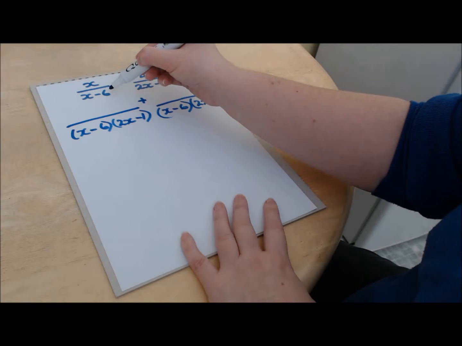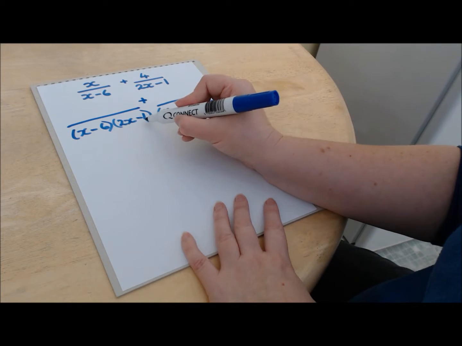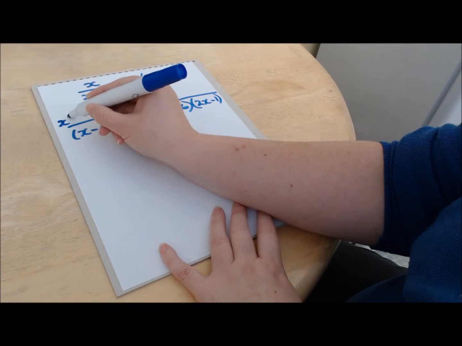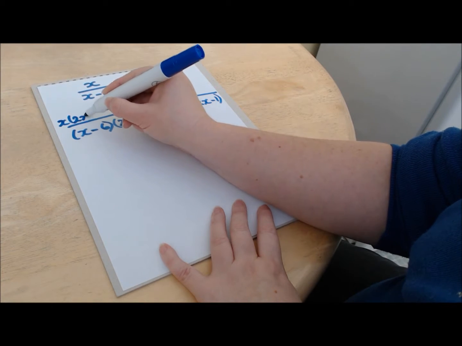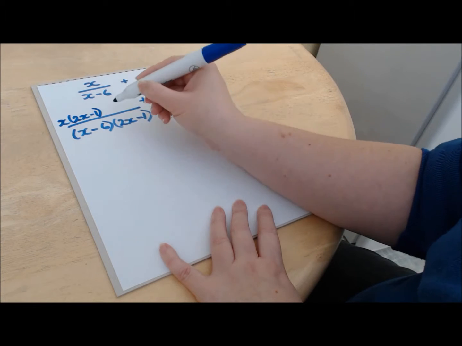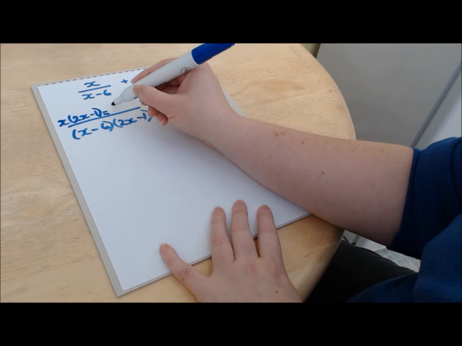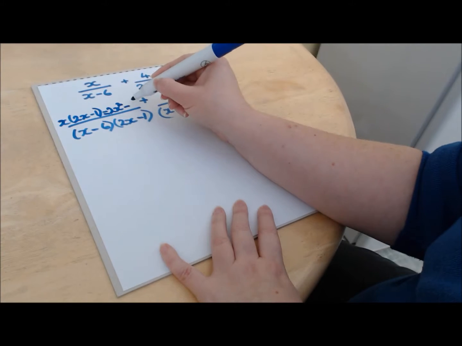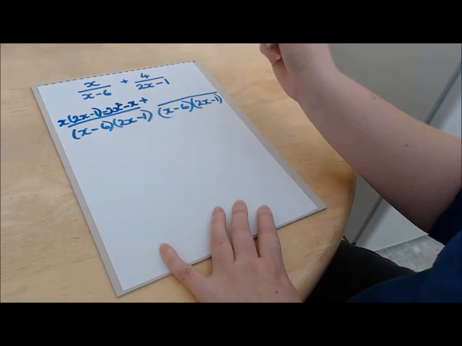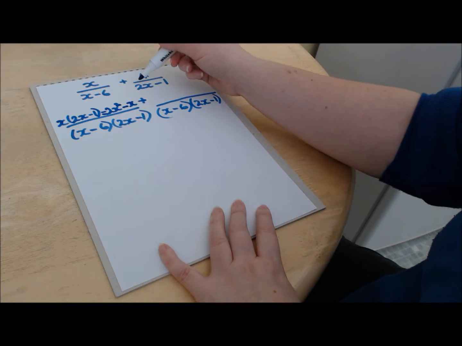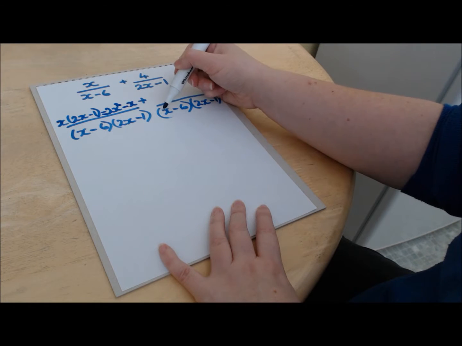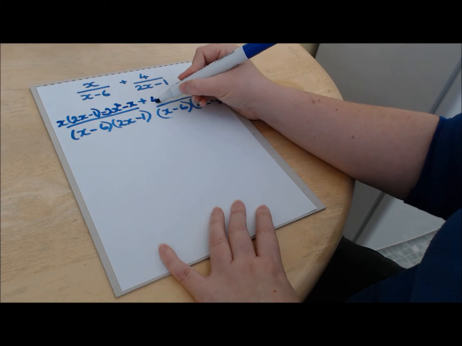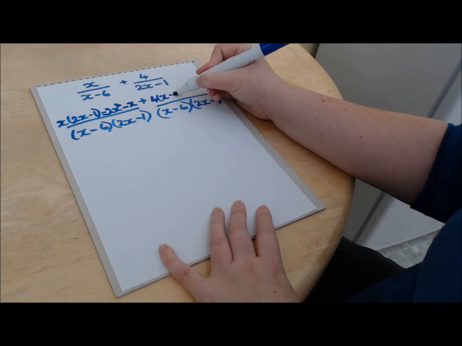Okay, so x minus 6 times 2x minus 1. So we've got x bracket 2x minus 1. So that, if we expand it, will give us 2x squared minus x. And then on this side, we've got 2x minus 1. So we're multiplying by the x minus 6. So 4 lots of x minus 6.